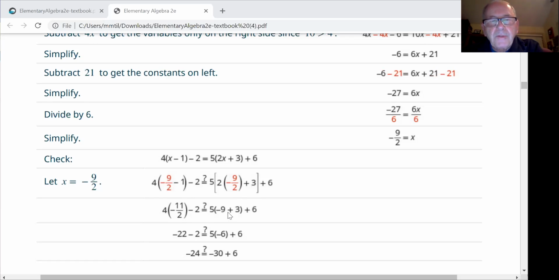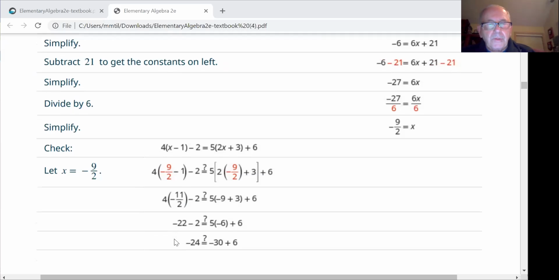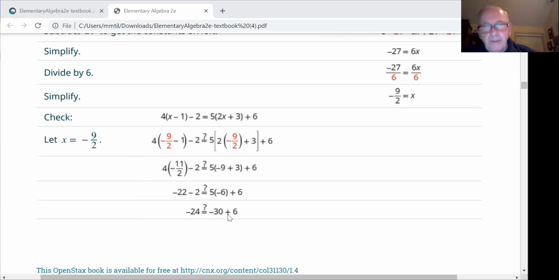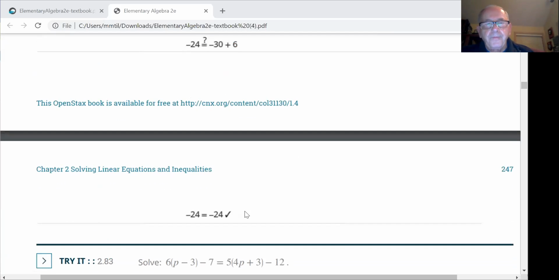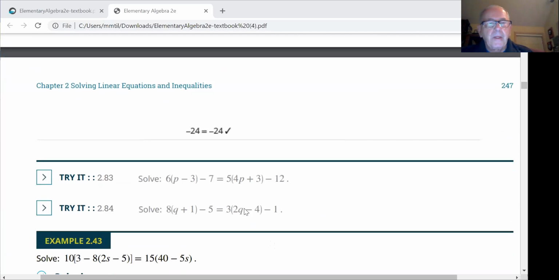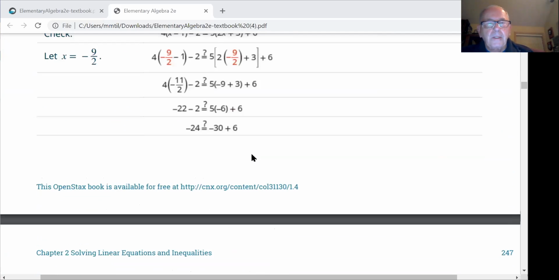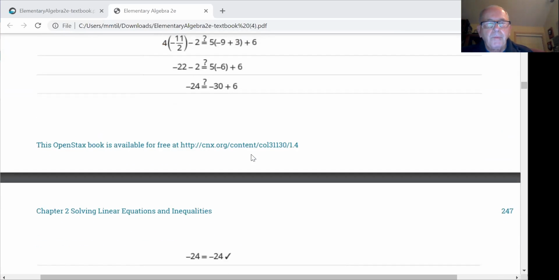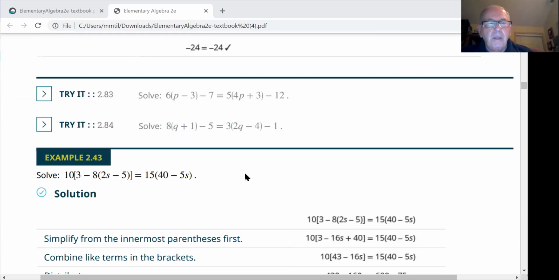And so it's minus 6 inside the brackets times 5 becomes negative 30 plus 6. Okay, so now you check. Minus 24 is the same thing as minus 30 plus 6, right? So it checks as minus 24 is equal to minus 24. Then you'd go back and put it in there to check it.